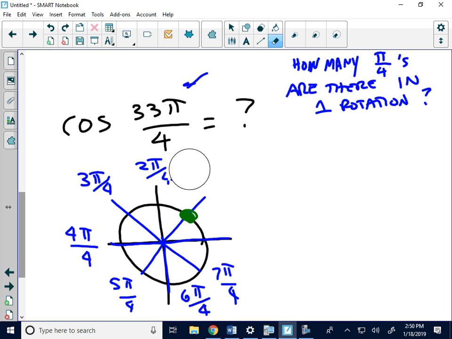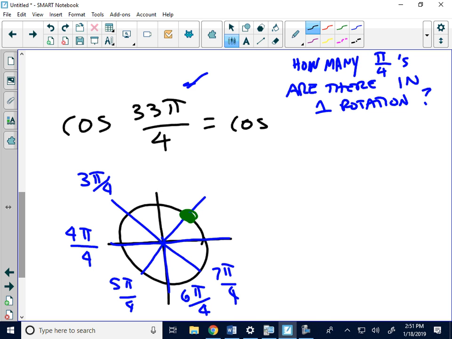Well, here's one approach. I could just take 8 pi's over 4 away from that. This is the same as the cosine of, let's see, 33 take away 8 is 25 pi over 4. Or I can take 8 away again, just back up another rotation. 25 pi over 4 take away 8 pi over 4 is 17 pi over 4.